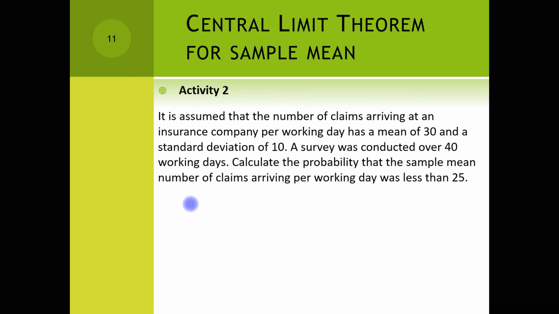So what does it mean? Let x be the random variable representing the number of claims arriving at an insurance company per working day. Do not forget that this is the first thing that you have to do.